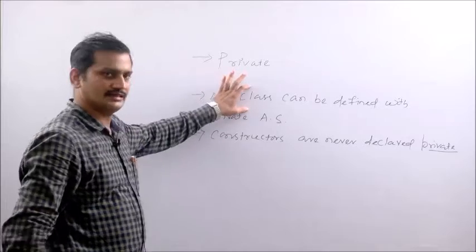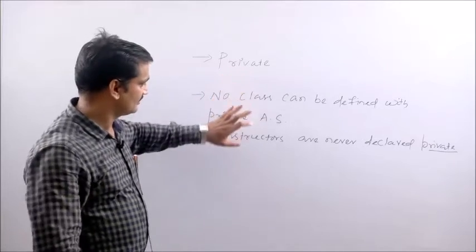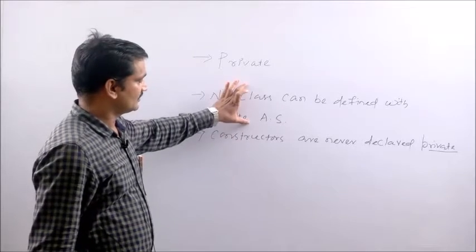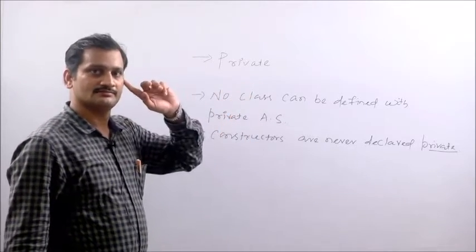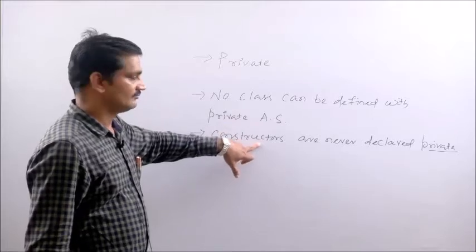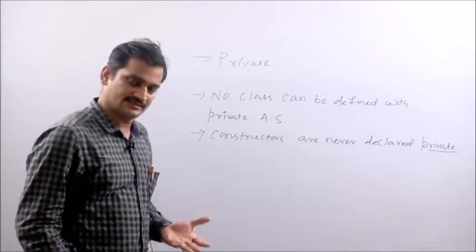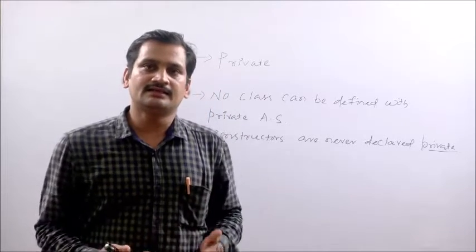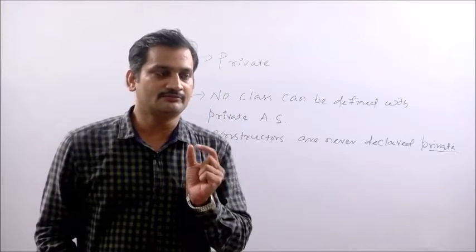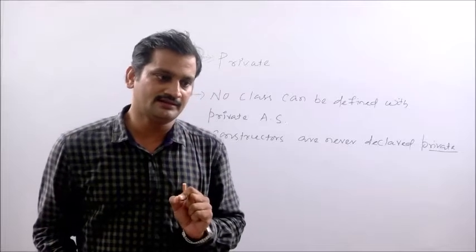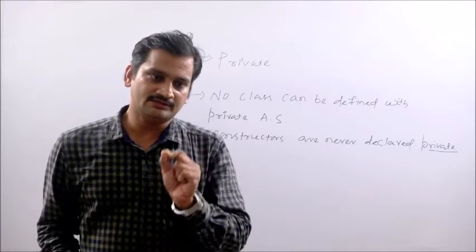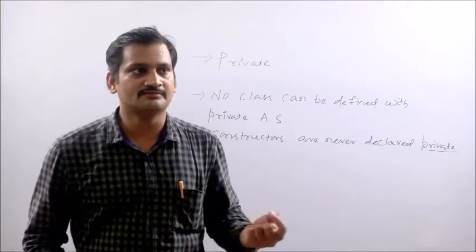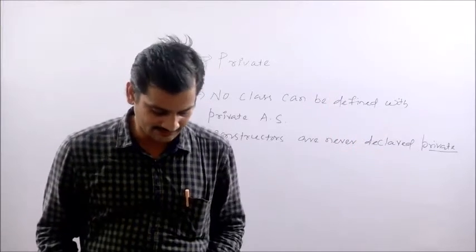Whenever you define a class, you cannot make it private, and whenever you define a constructor within a class, that also cannot be a private member of the class, because the constructor is executed whenever the object is created, and once a class is defined, the object of the class may be created anytime, anywhere. So, if you make the constructor private, then at the time of creating the object, when it tries to invoke the constructor, it cannot, because it is private.